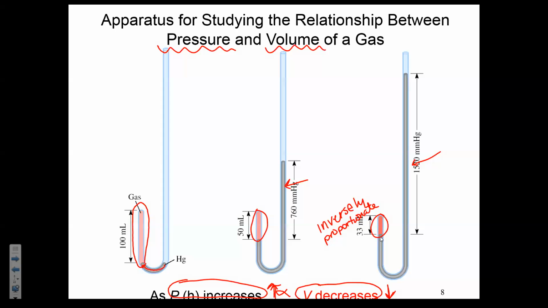You can see that as I pour in more mercury, from here to here to here, my gas volume decreases, but the pressure on my gas increases. So here's more pressure, and here is our most pressure. So as pressure increases, my volume decreases. This is our first gas law that we're going to talk about.